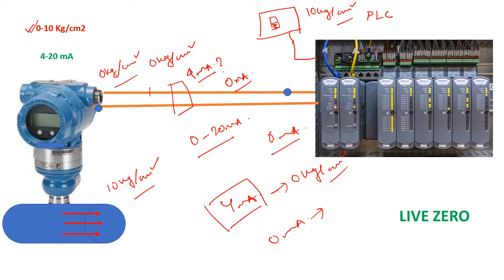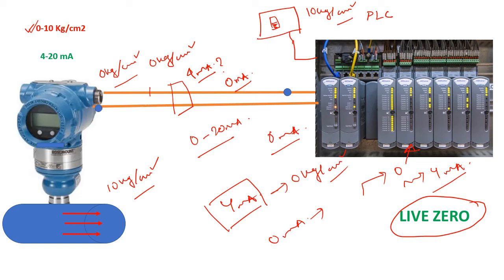This concept is called live zero, which means the actual process variable measurement of 0 is not represented by 0, but instead by 4 milliamps. Any malfunction in the wire, the transmitter or any other end would make the signal value 0, and that will signify some kind of anomaly in the system which we need to diagnose further.